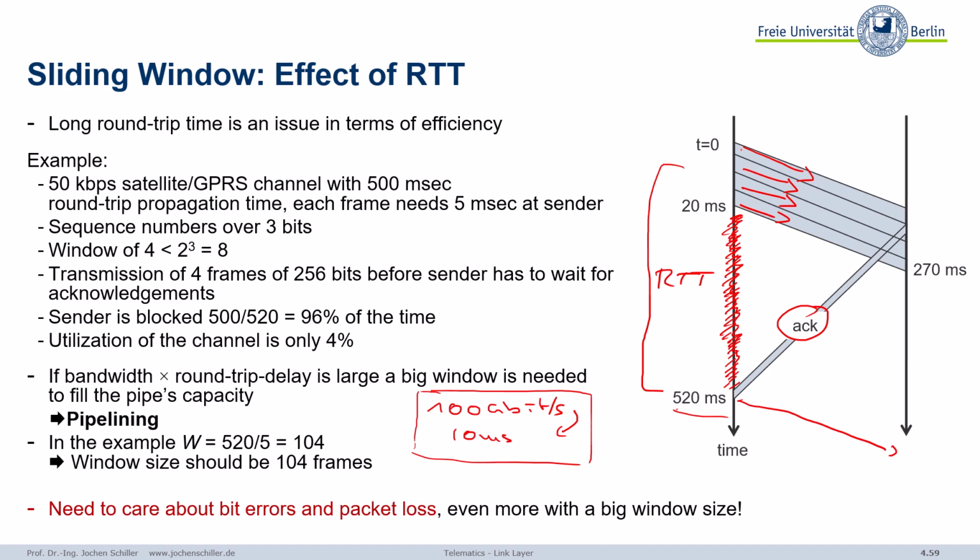Large windows allow you to really use the medium and send a lot of data, but we cannot really control the flow anymore, because there's a lot of data arriving on the receiver side. So we have to take care. There are different trade-offs we can make with window size depending on the data rate of the medium, the round trip times, etc. So what else can we do and how do we handle this pipelining?